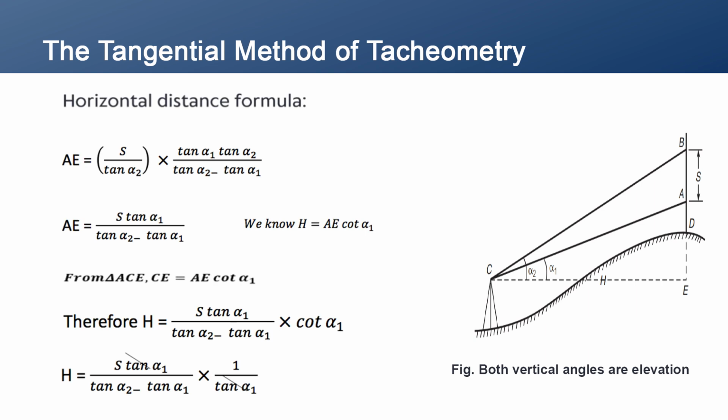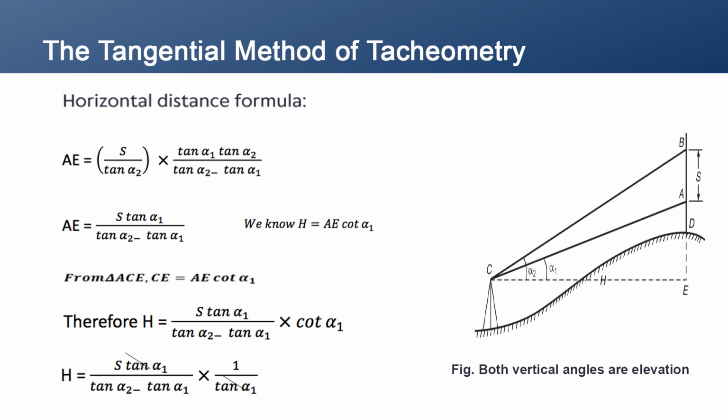From this, we get capital AE is equal to S by tan alpha 2 into tan alpha 1 tan alpha 2 by (tan alpha 2 minus tan alpha 1). Now, cancelling tan alpha 2 both on the numerator and the denominator, we arrive at AE is equal to S tan alpha 1 by (tan alpha 2 minus tan alpha 1).